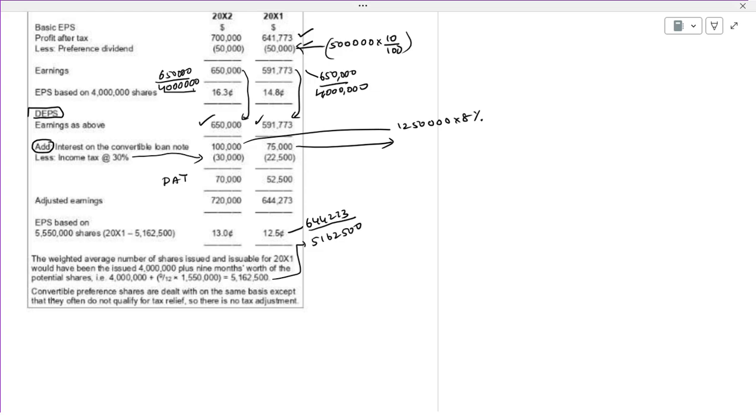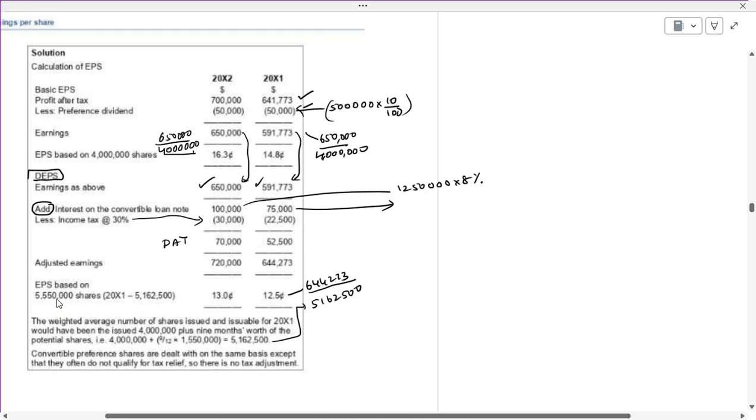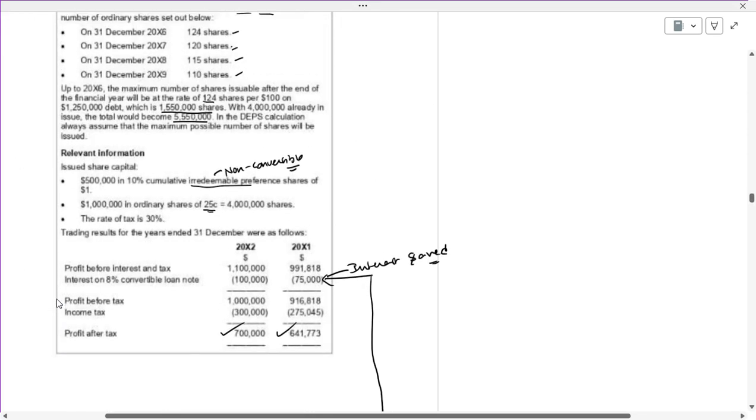Whereas 720 divided by... 720 multiplied by 13 comes to 936. How many shares are there?